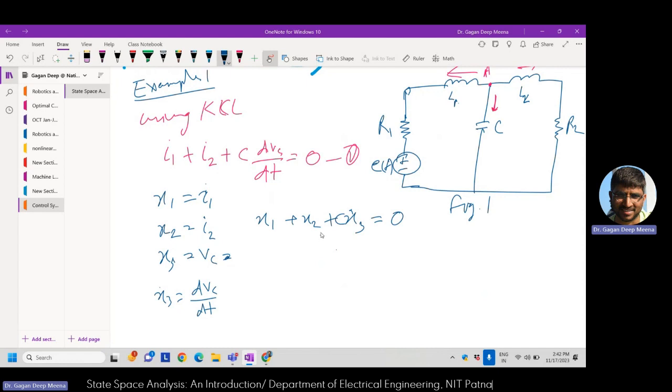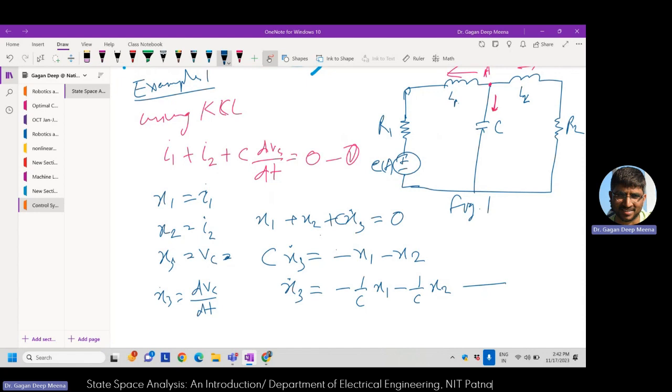From here I can simplify it: C x3 dot equals minus x1 minus x2, so x3 dot equals minus 1 by C x1 minus 1 by C x2.